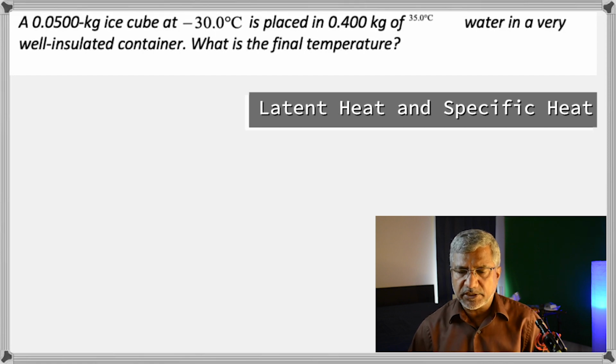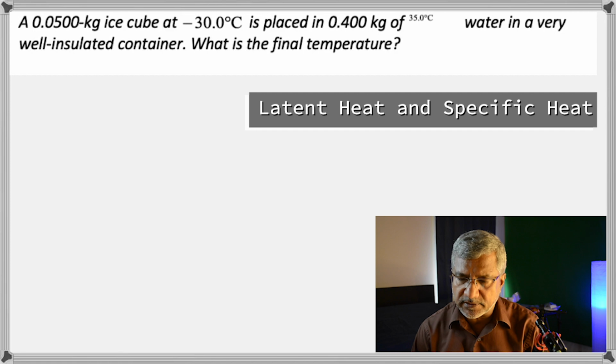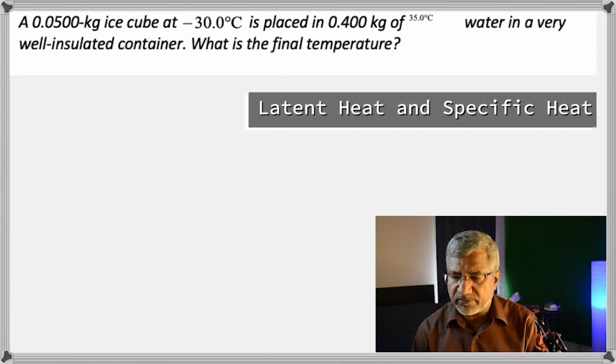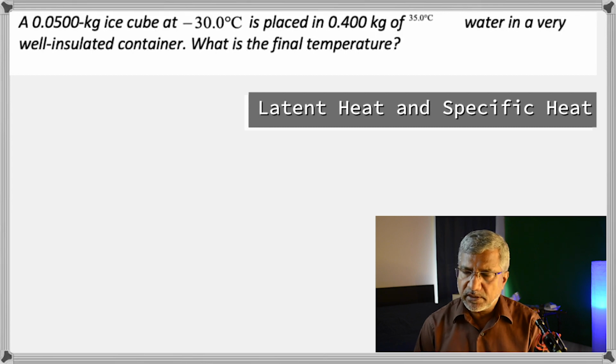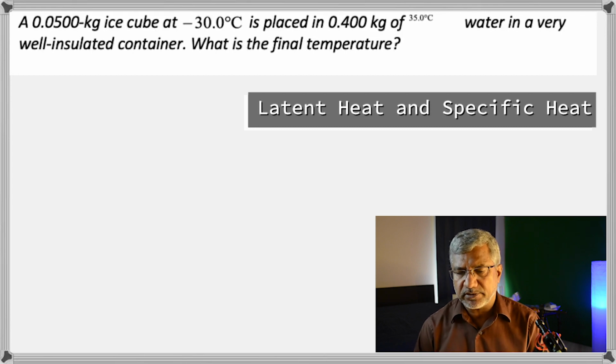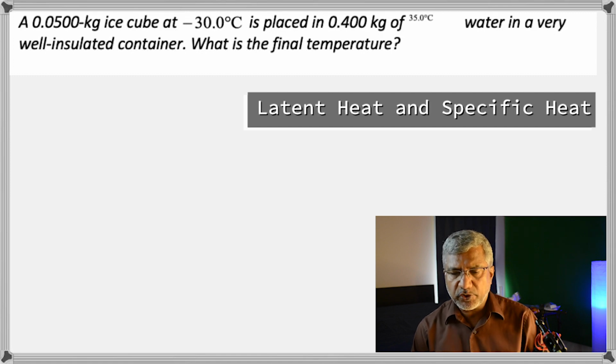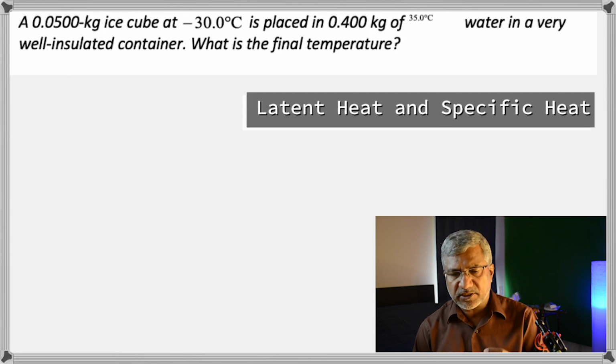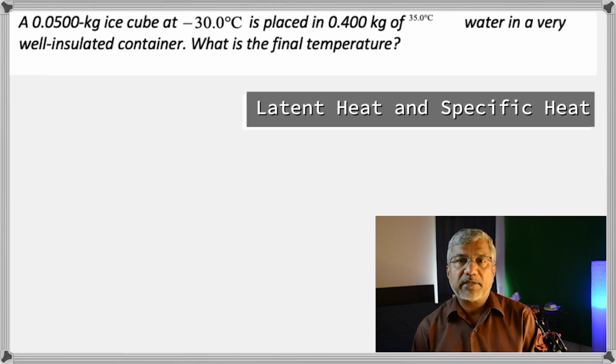A 0.05 kilogram ice cube at negative 30 degrees Celsius is placed in 0.4 kilogram of 35 degrees Celsius water in a very well insulated container. What's the final temperature? Okay, so you have an ice cube which is very cold, just a small piece, at minus 30 degrees Celsius.